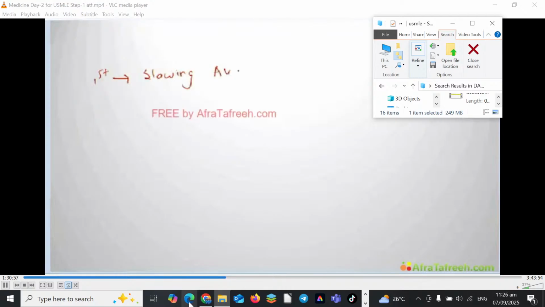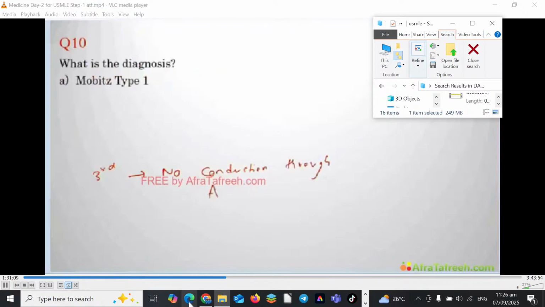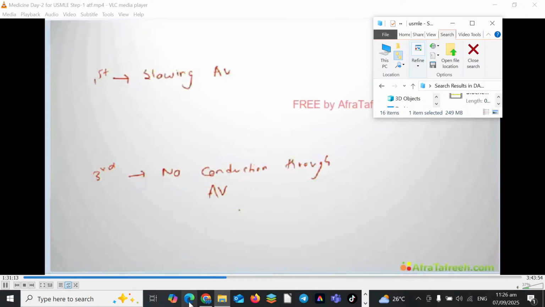In third degree heart block, there is no conduction through the AV node. In first degree heart block, the PR is prolonged. It is delayed, but it is reaching. In third degree heart block, PR has no relevance. The atria are contracting on their own and the ventricles are contracting on their own.